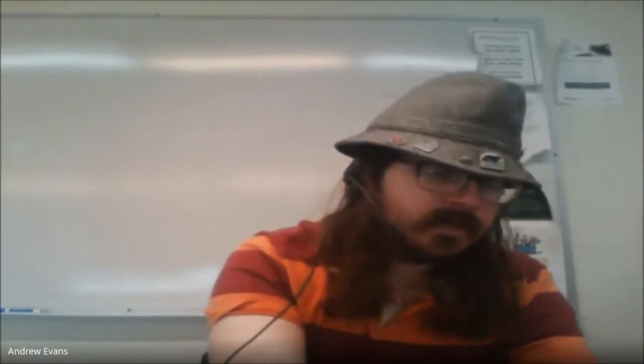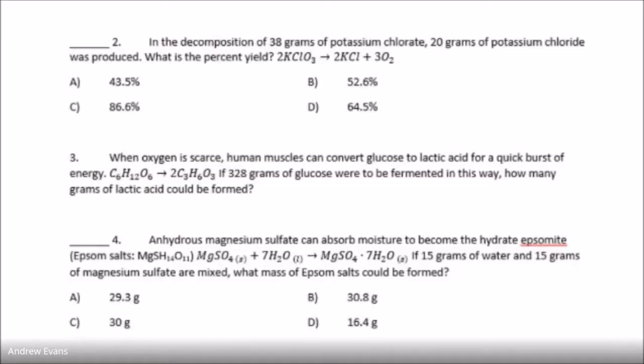Okay, but we'll look at last year's test. We had already finished problem 1. We had previously solved the problem of gold chloride reacting with sodium metabisulfite, which was just a standard grams to grams conversion.